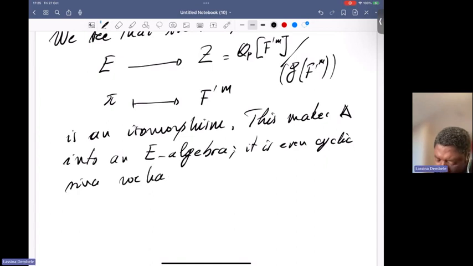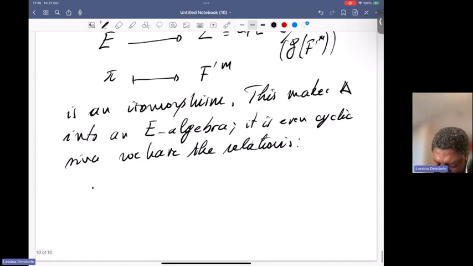since we have the relation. So what relation do we have? So these are relations that, so the first relation is the one we just wrote.